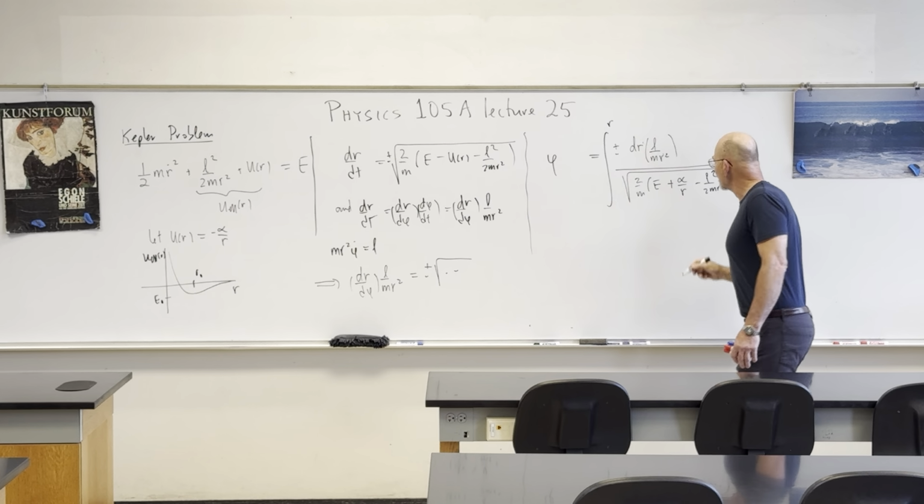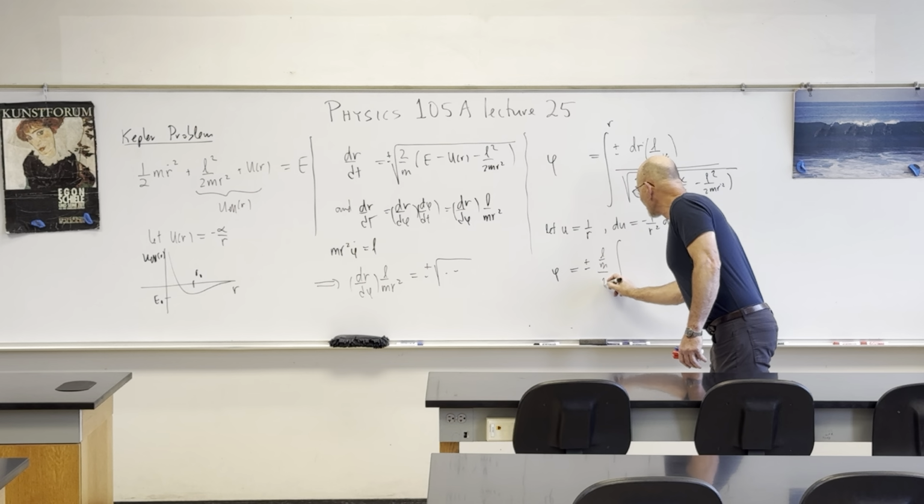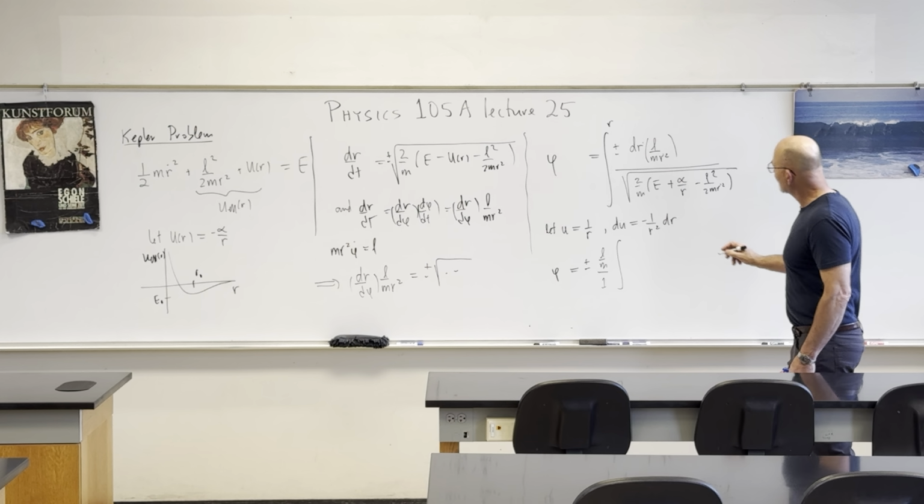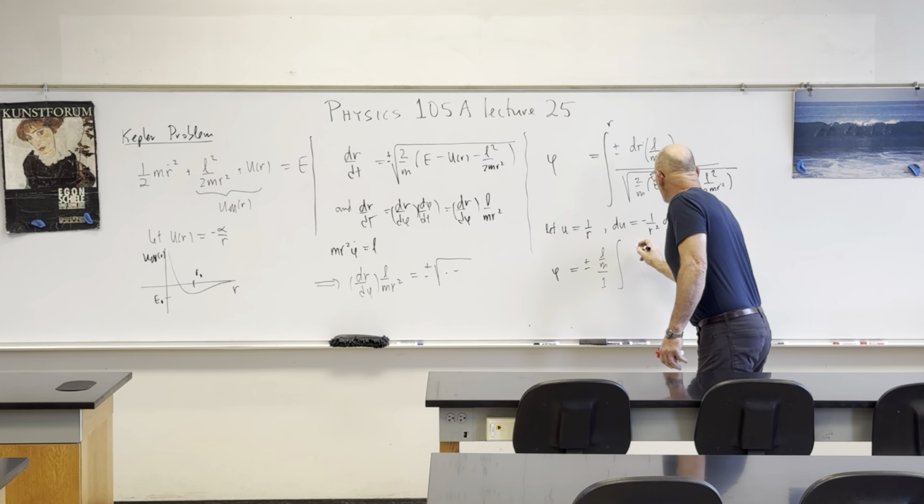We still have a plus or minus, we got the minus sign there, but we can just write plus or minus in front, that's no problem. I can pull out the L over m and see what we have in our integral now. So we've got the du, because the dr over r squared is the du. So put the du here.